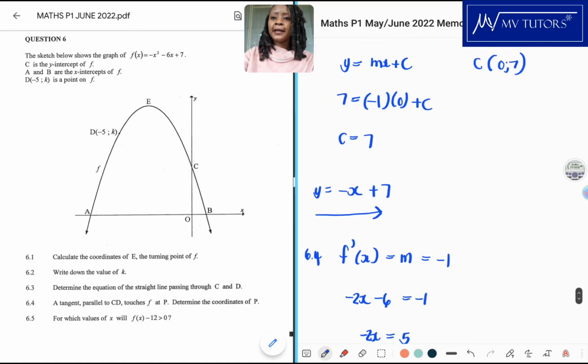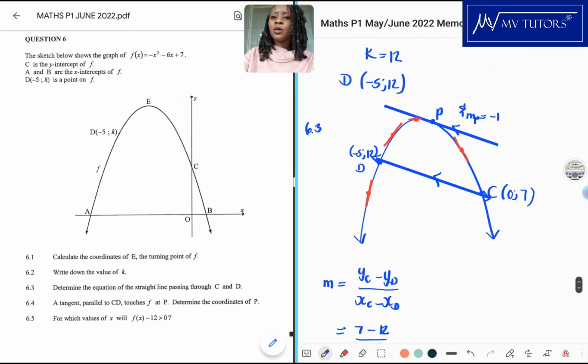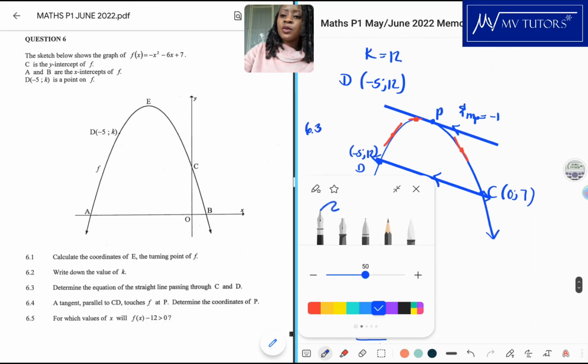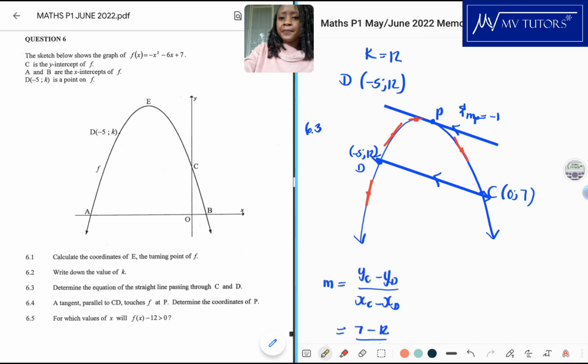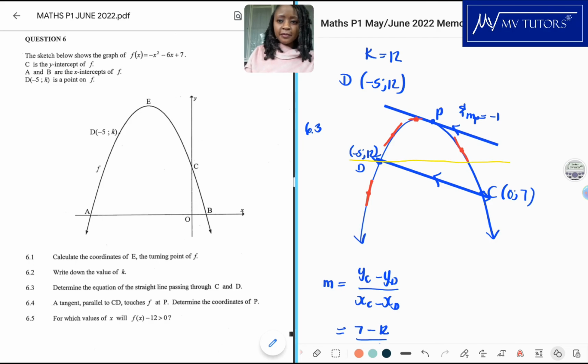If I look here, remember d was 12. So if I look at it graphically, 12 is somewhere here. So basically the y values would be here. These values are bigger than 12.